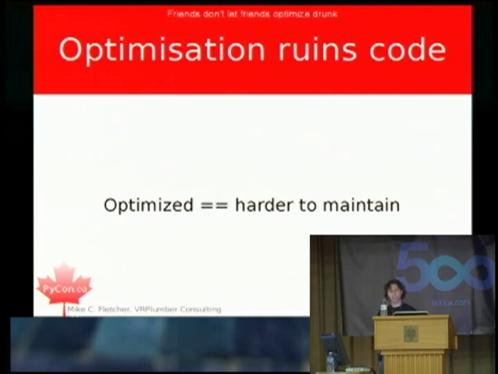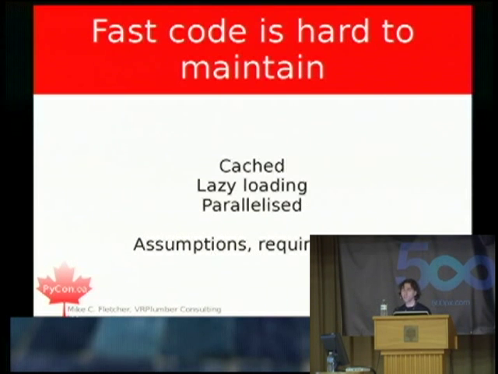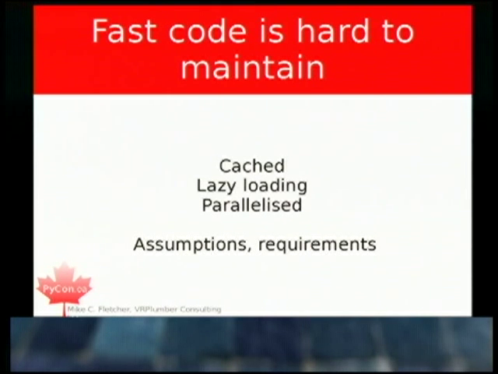When you optimize something, you are introducing caches, you're introducing lazy loading, you're introducing parallelization, you're introducing assumptions that the system will work in a particular way, that, for instance, you'll be accessing a local file system versus a networked file system. And those assumptions and requirements get baked into your code. It makes it harder to maintain, harder to extend going forward.